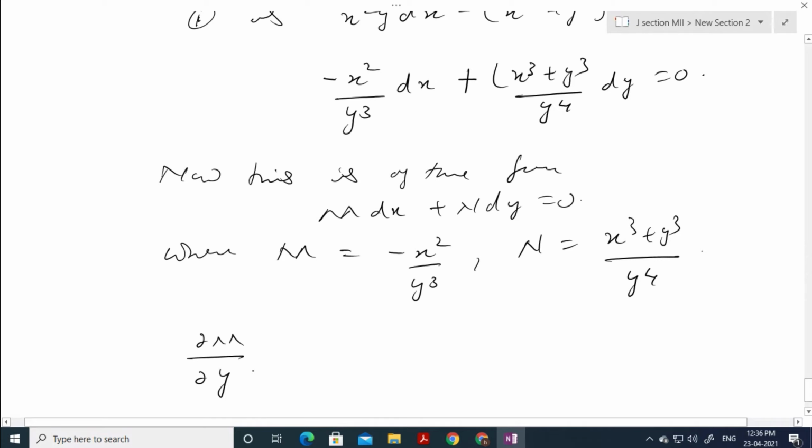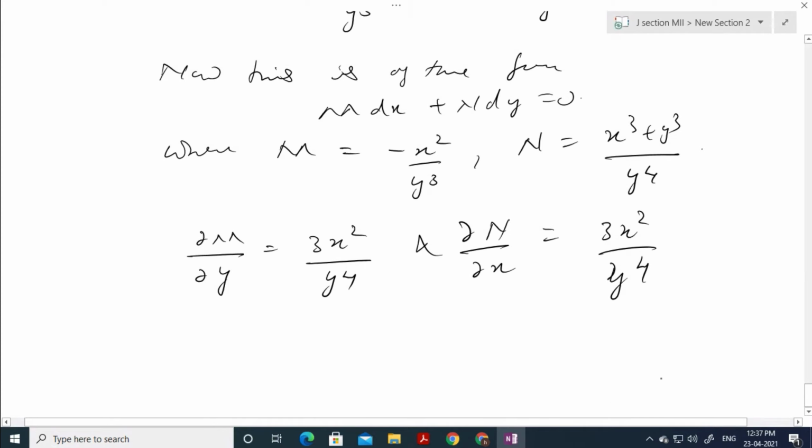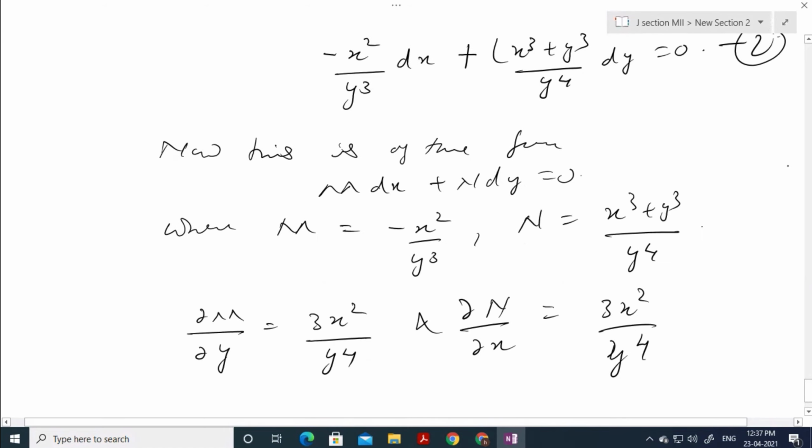Dou M by dou y will be 3x square by y to the power 4. And dou N by dou x, with respect to x, will also be 3x square by y to the power 4. Let this differential equation be 2.